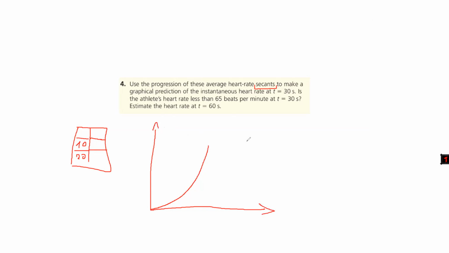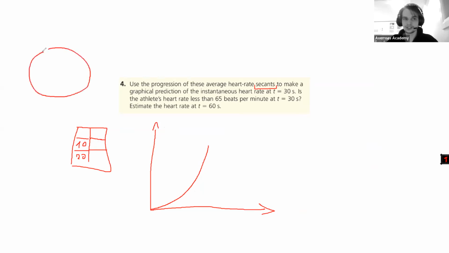And secants of this exponential line actually come from the geometry of a circle. A secant in a circle is a line that connects 2 points of this circle. So secants of a graph are basically some straight line that connects 2 points of our graph together.